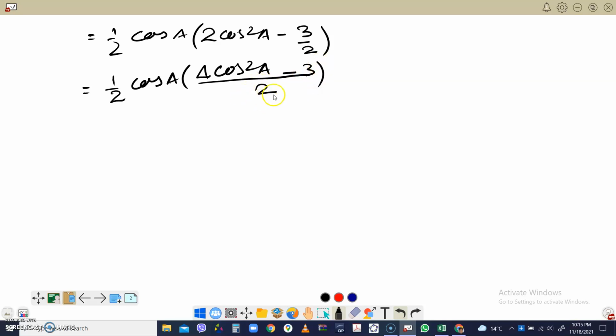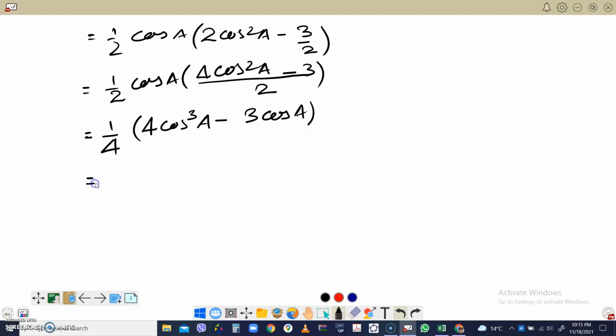Now this denominator 2 inside the bracket and denominator 2 outside the bracket will multiply together and it gives us 1 by 4. Bring that cos A inside the bracket, which gives us 4 cos cube A minus 3 cos A.